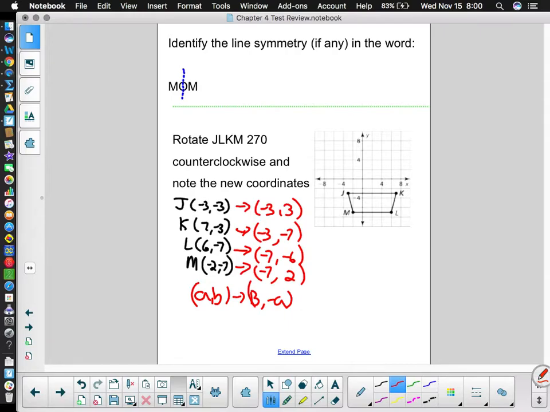J primed is at -3, 3. K primed is at -3, -7. L primed is at -7, -6.